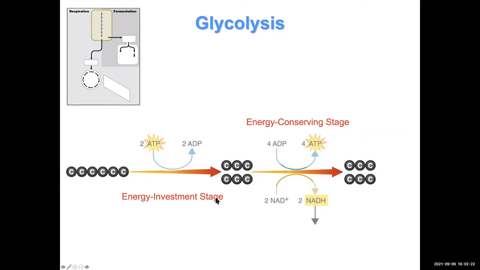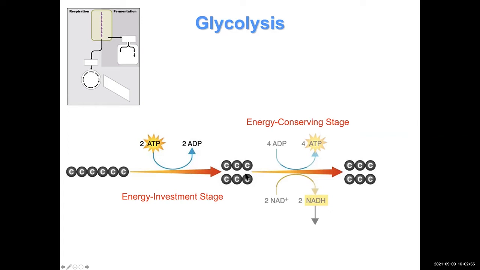Instead of generating ATP, we need to start off by using a couple of ATP to get the reaction started. Here is my 6-carbon sugar. During this stage, we break down this 6-carbon sugar into two 3-carbon molecules. So after this stage, we basically double everything.